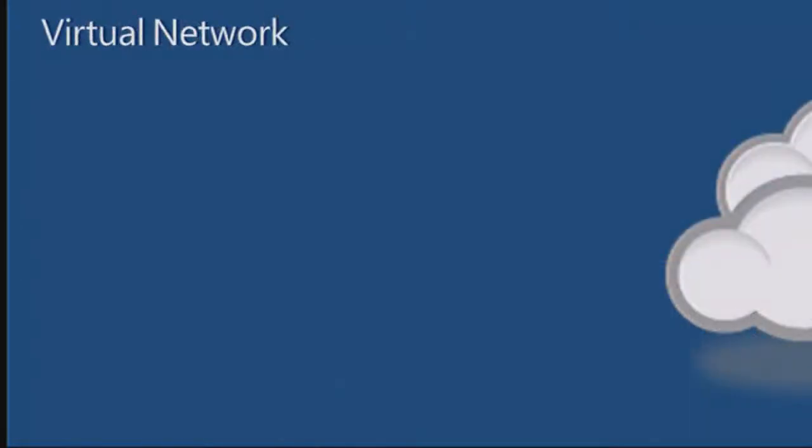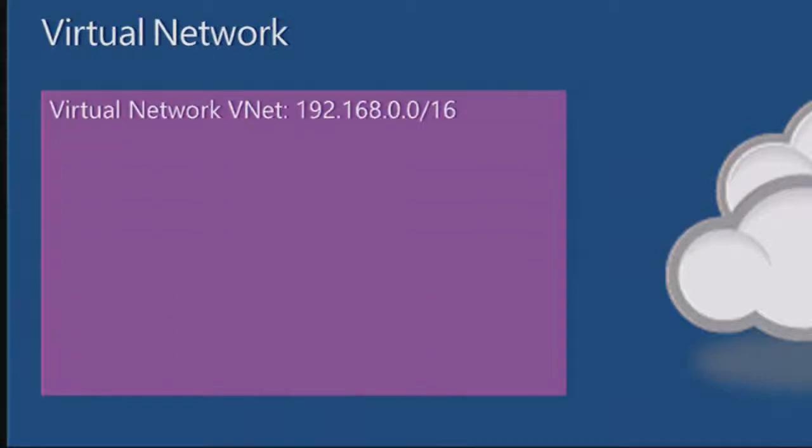Now let's have a look at that virtual network thing that I was talking about. When we create a virtual network, we have to define an address space, the range of addresses that are going to be in our virtual network. So in this example, you can see I've got 192.168.0.0/16. So I think you probably know the CIDR format, which says that the slash and the 16 is the mask that is applied to the top, in this case, 16 bits.